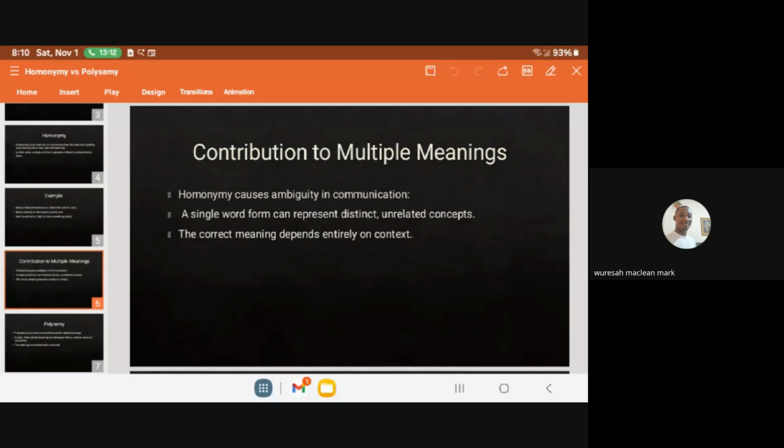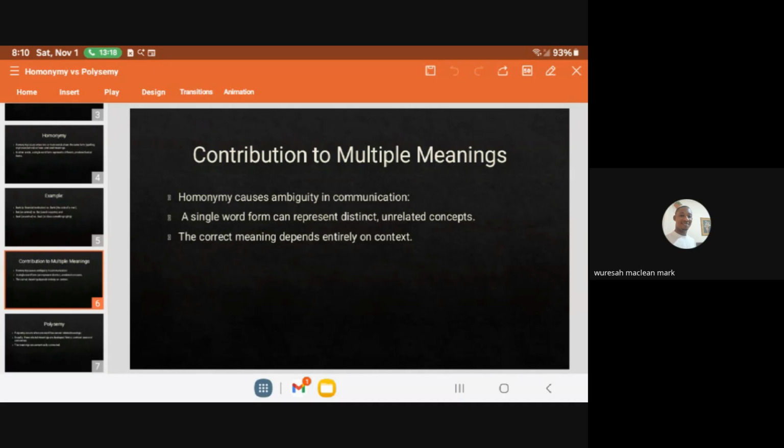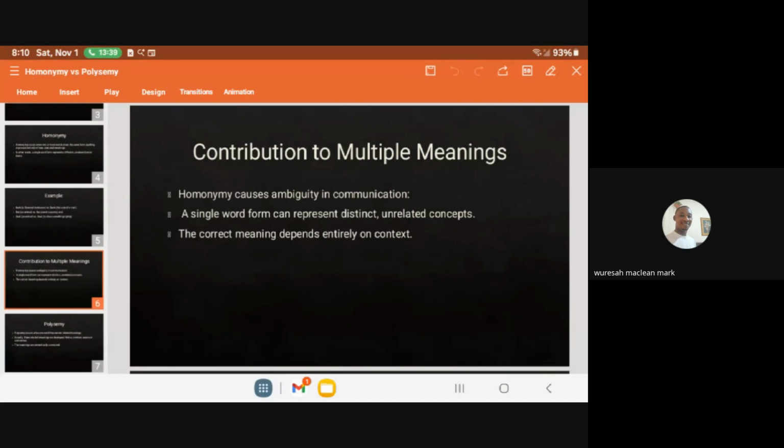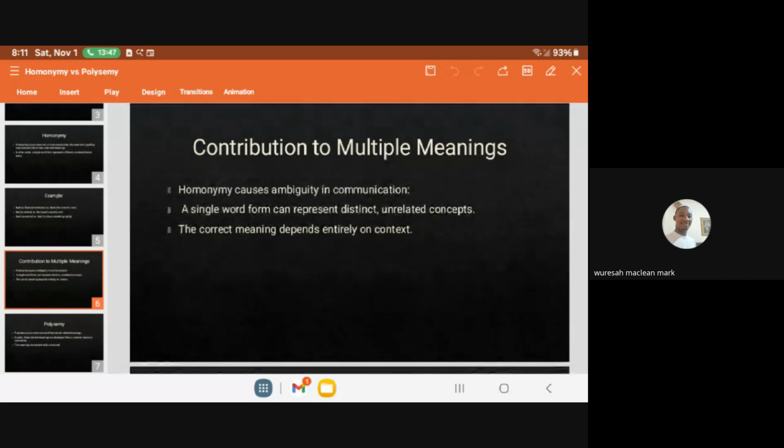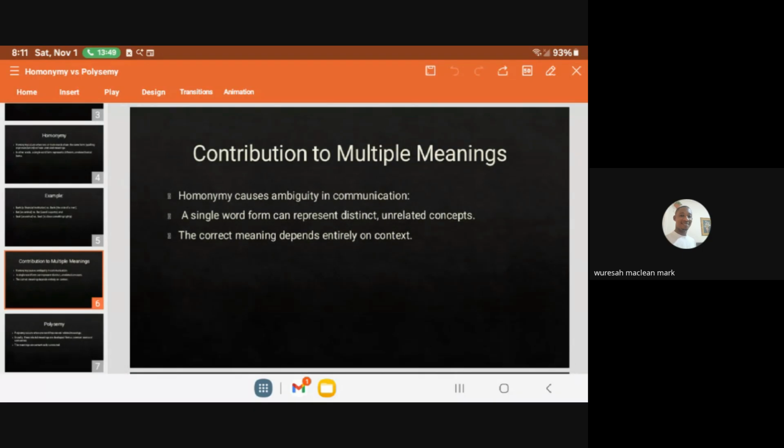Then a single word form can represent distinct, unrelated concepts. Bank here is an institution which is unrelated to the side of a river. Also, the correct meaning depends entirely on context. So the issue of context is key for us to be able to get the meaning of bank when used in a sentence.